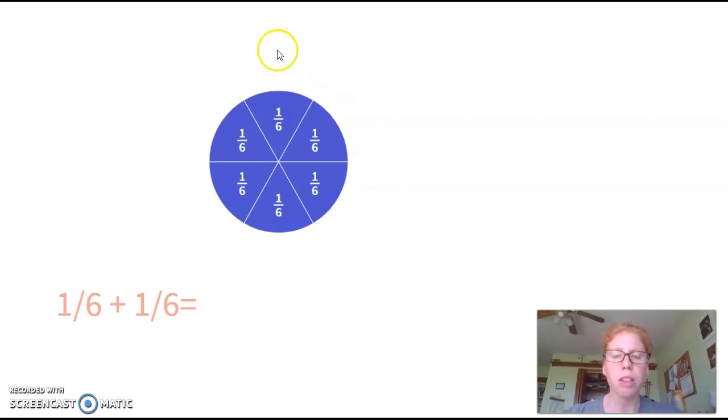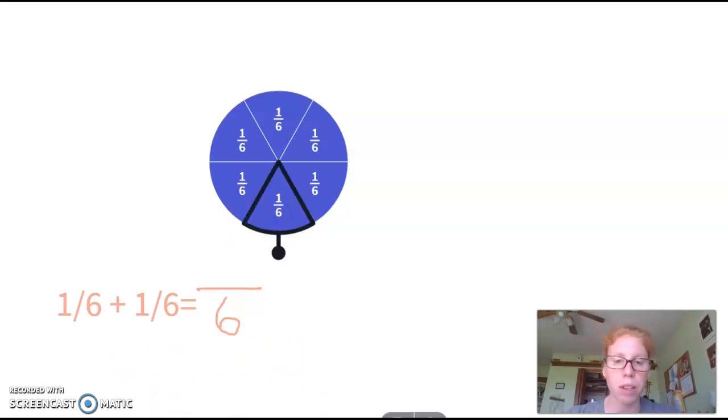So let's look at our fraction circle here. Our job is to add 1/6 plus 1/6 to see what our answer is. Well, lucky for us, the denominator is 6, so chances are our answer will be 6 in this. So let's see here. I'm going to go ahead and just draw 6 as our denominator. And let's figure out how many pieces we have if we add up 1/6 plus 1/6.